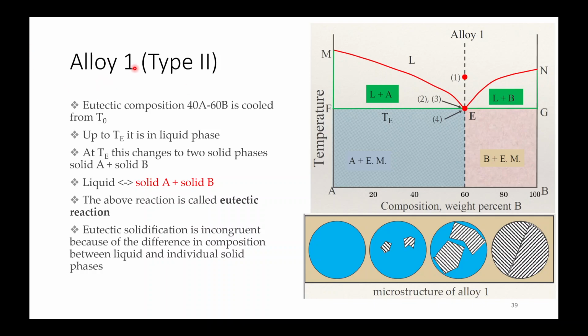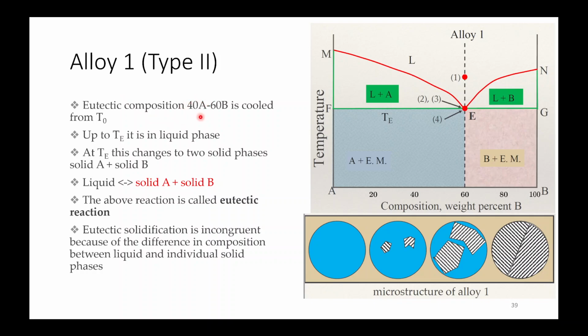Now we have taken 3 types of alloys. At eutectic composition, this is your eutectic type of alloy, below eutectic composition there will be hypoeutectic, and after that it will be hypereutectic. So firstly we are talking about eutectic composition.